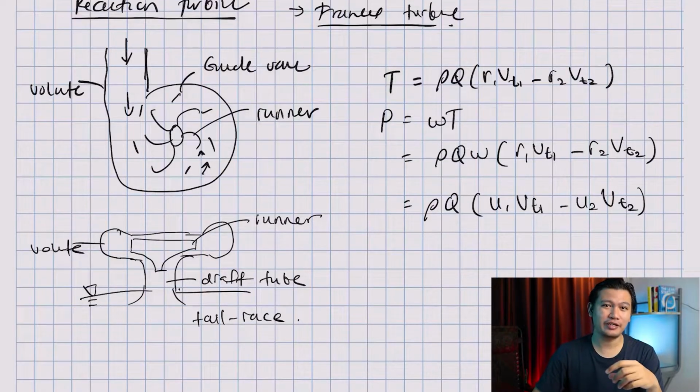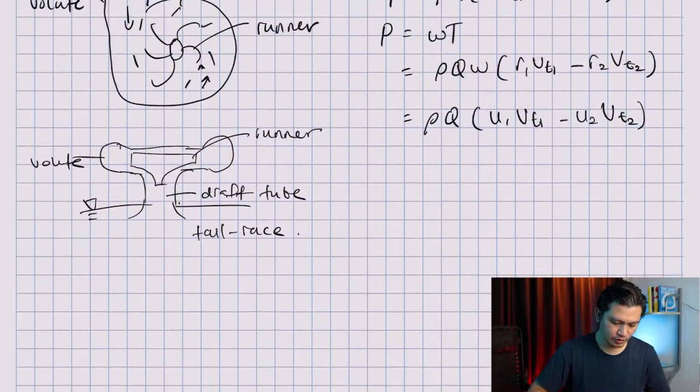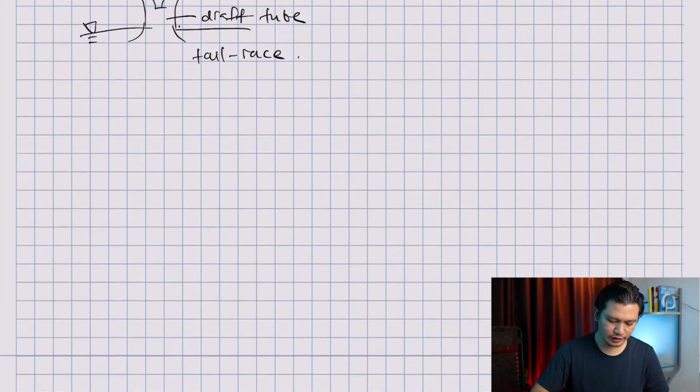Now, before we go any further into the equations, let's draw the velocity triangle so that you can visually see what are the components inside these equations. Now, if I draw again the component inside the volute of the turbine, it's going to look something like this.